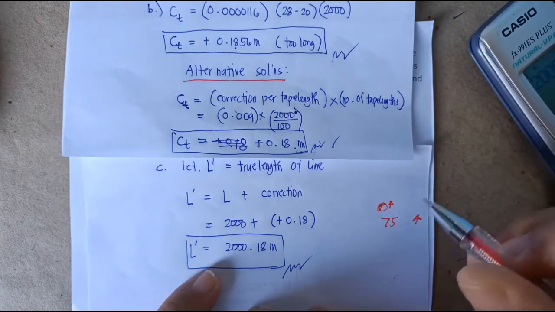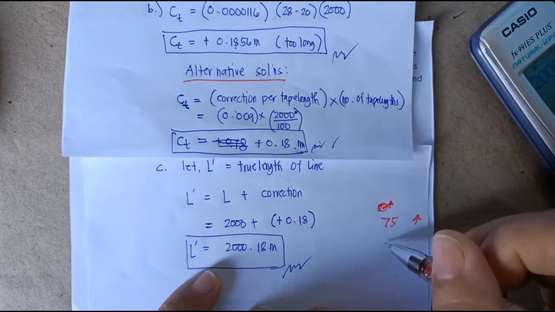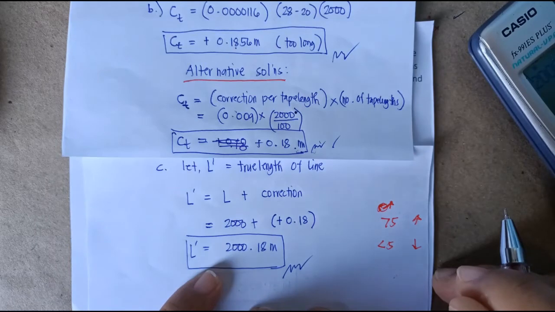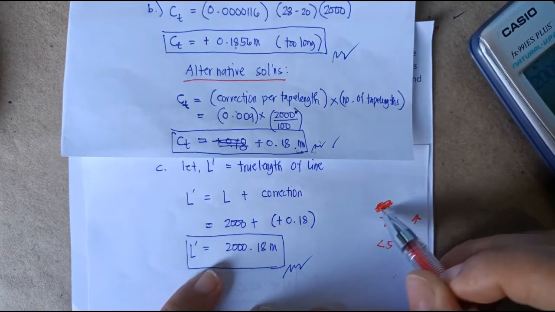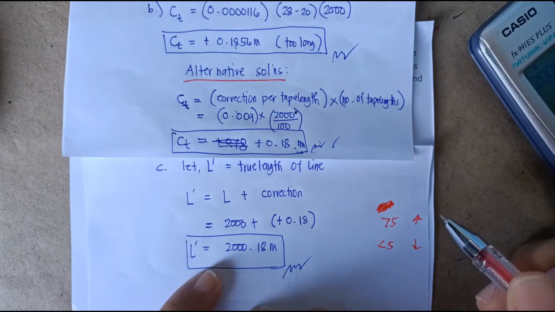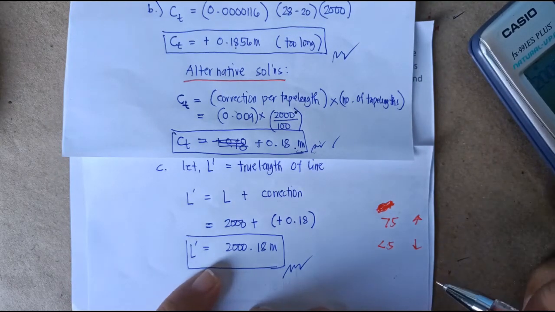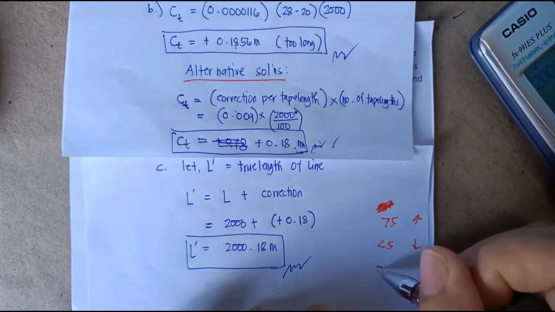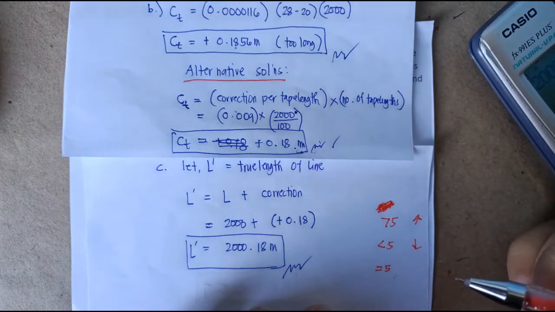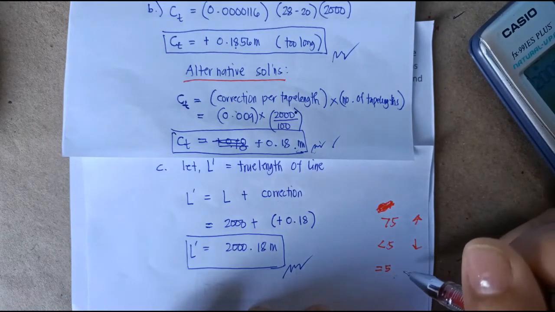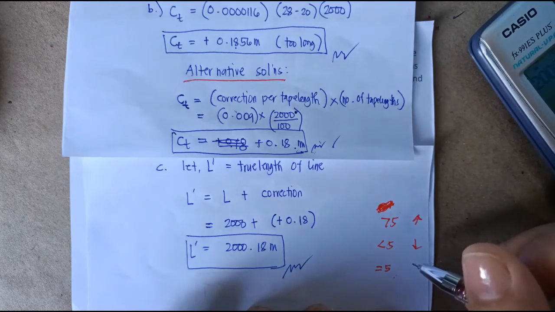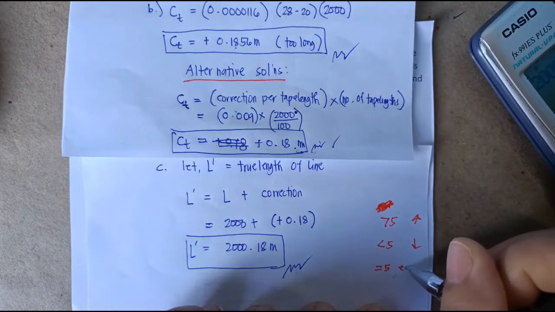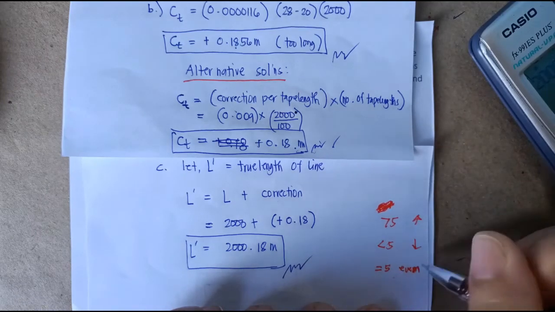If the number to be dropped is lesser than 5, then you have to round down. We already learned this during our elementary and high school years. The third rule that you might not be familiar with is that when the number to be dropped is equal to 5, you have to round it off to the nearest even number.